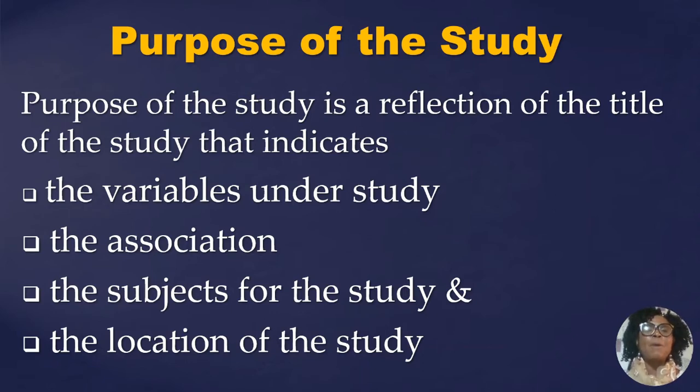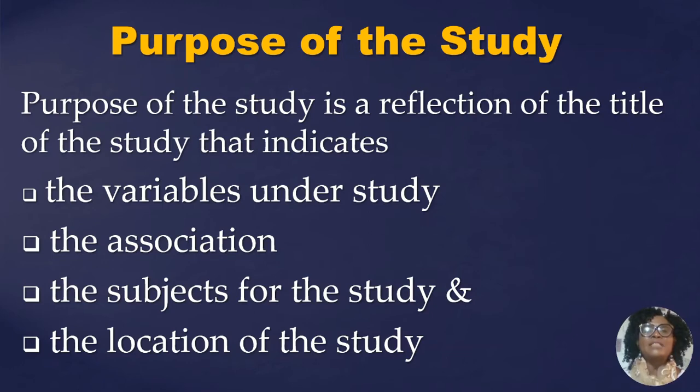The purpose must specify the basic things that are close to your scope of study. For instance, the variables that you are studying that are in the title must be reflected adequately in your purpose. The association, that is the junction or the action word that is joining the two variables. We have talked about independent variable and dependent variable.